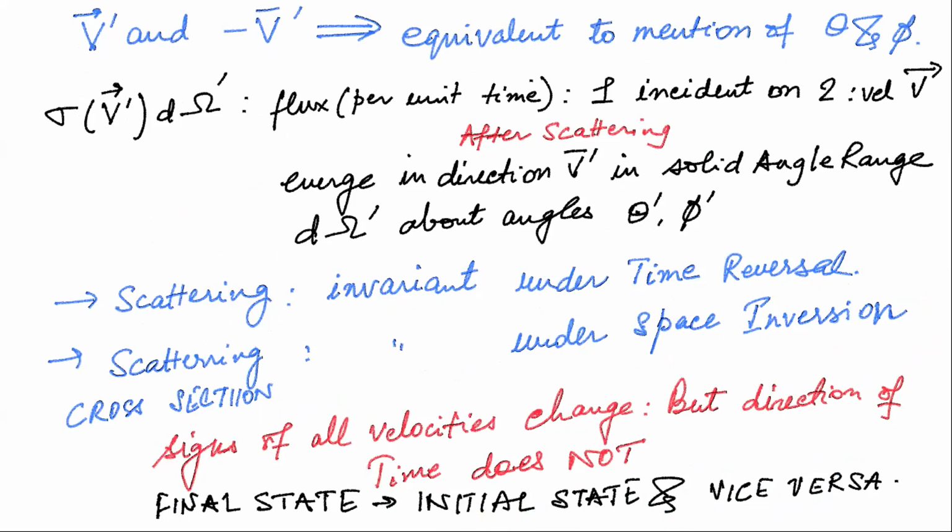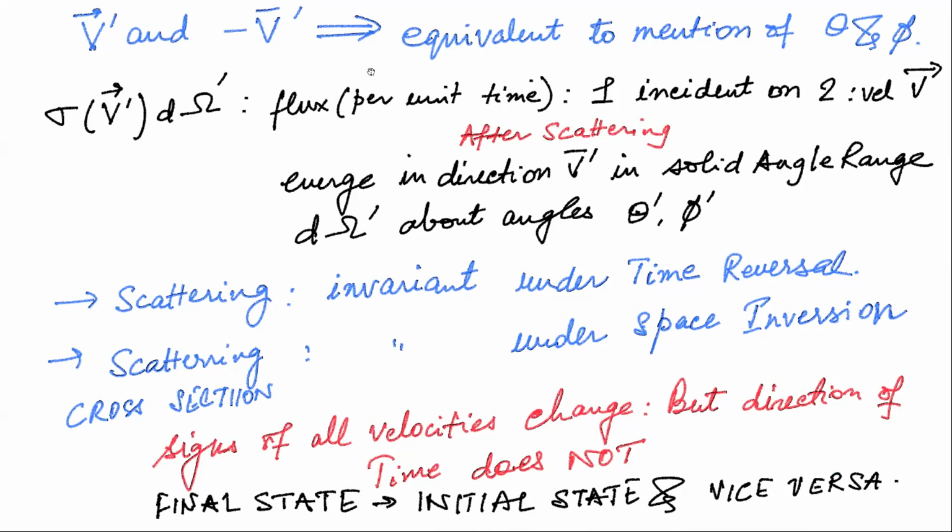All that you have to calculate is the direction, and hence it is relevant to mention it in terms of theta and phi, because the vectors v dash and minus v dash are equal and opposite in direction. So you can just mention theta and phi, and that will specify it.